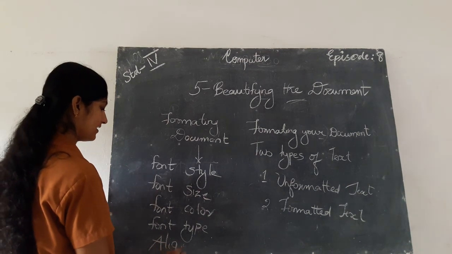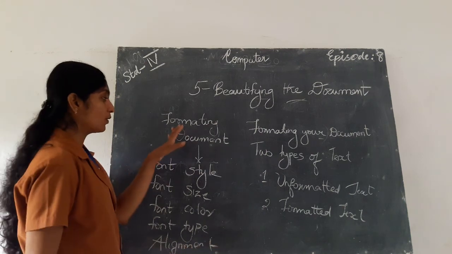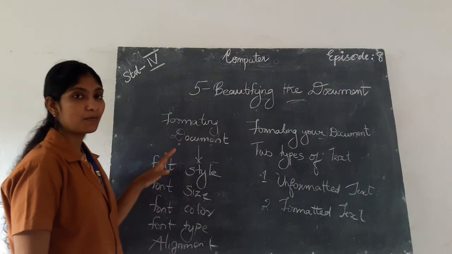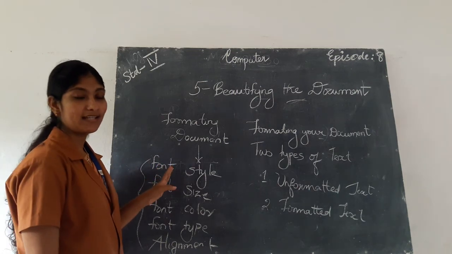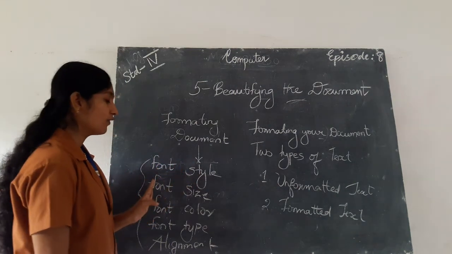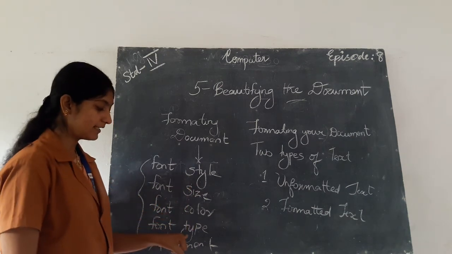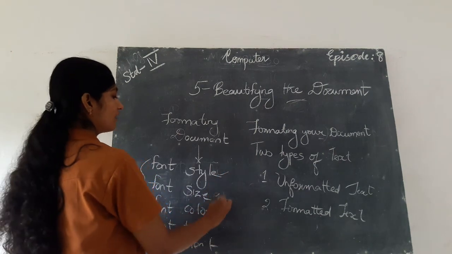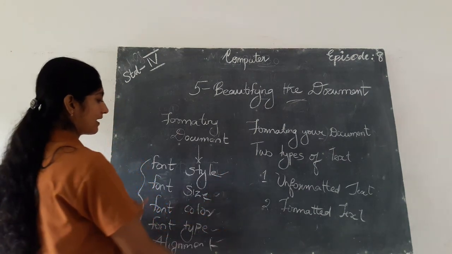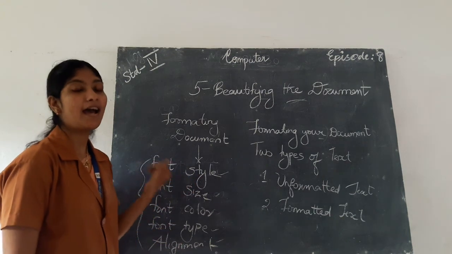So we format the document by changing these five elements: font style, font size, font color, font type and alignment. We can choose each one of them, and then our document becomes more attractive and looks very beautiful.